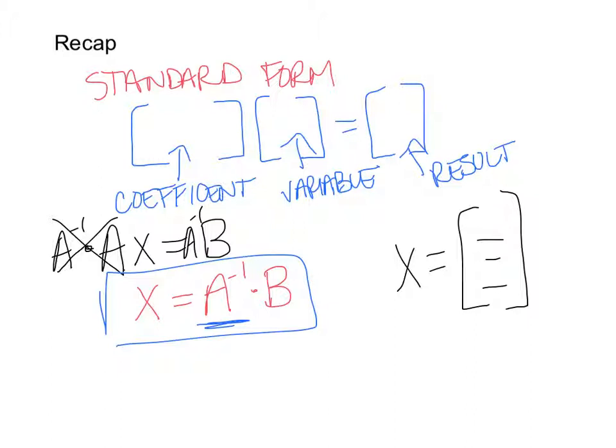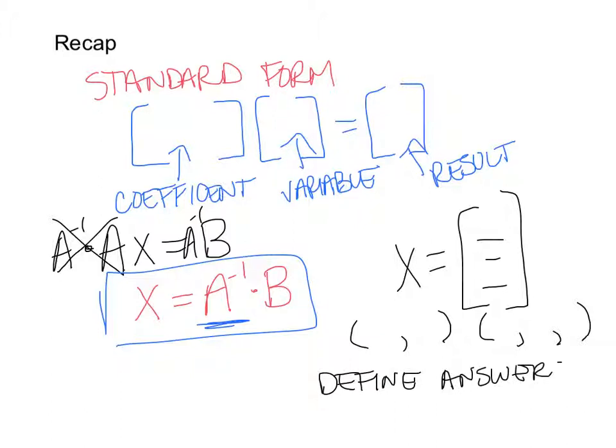However, if you're solving a system, remember we usually write our systems as an ordered pair or an ordered triplet. Or if it's a word problem, you want to define what the answers mean. Not only is this good practice, but it is also something that will help you think about your solutions and make sure you did it right.